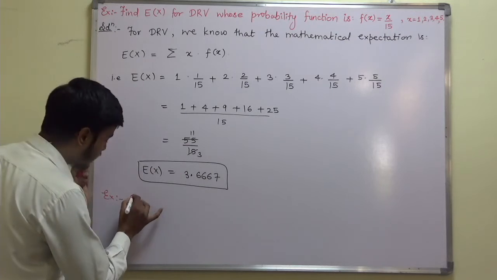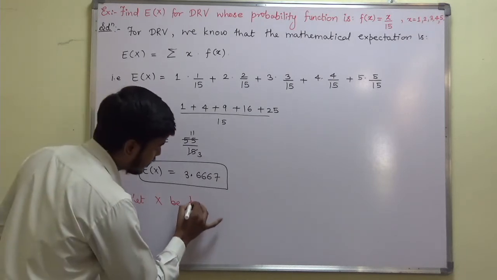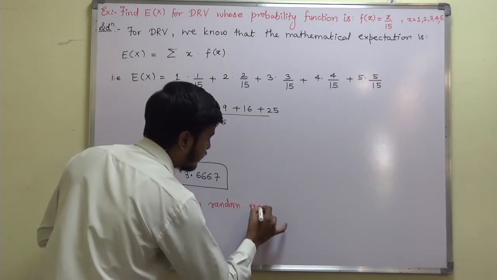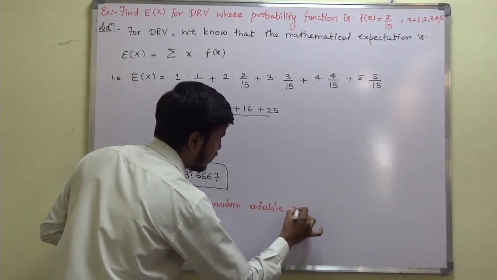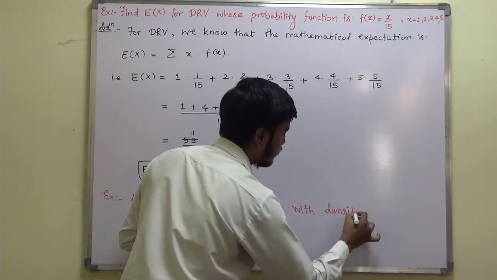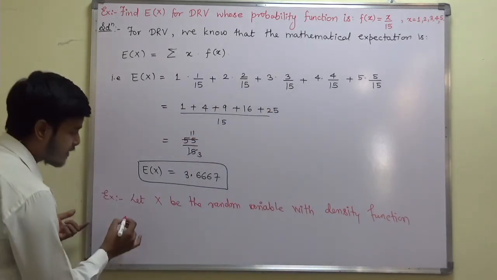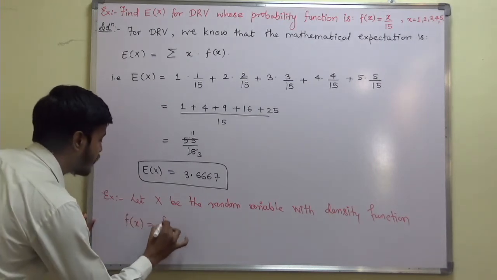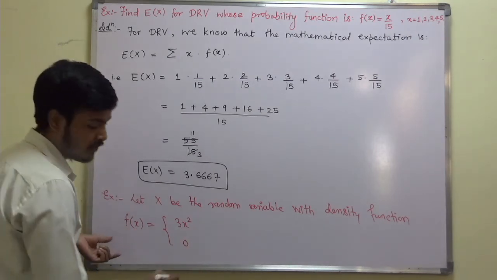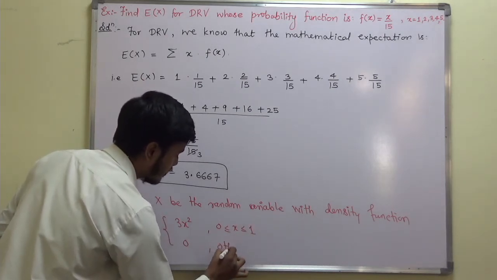The problem is: let x be the random variable with density function f of x equal to 3x square for the range 0 to 1, and 0 otherwise.